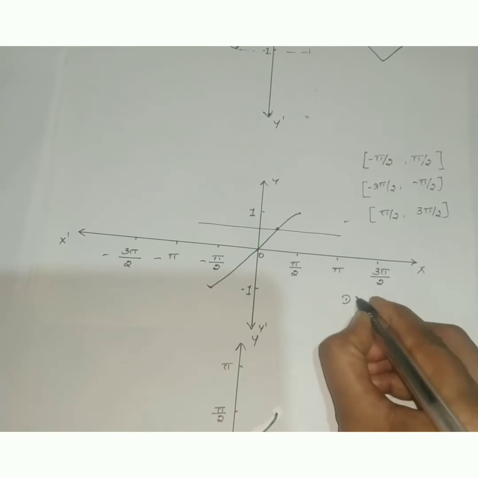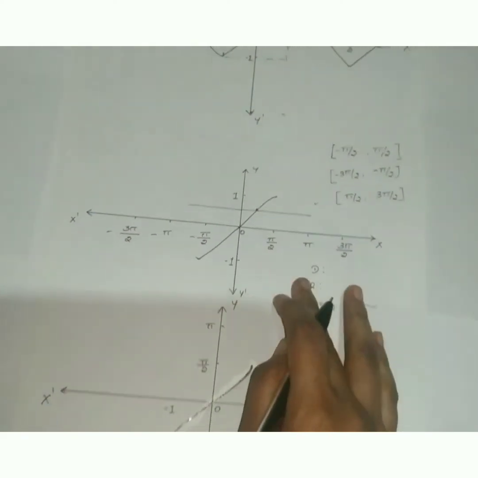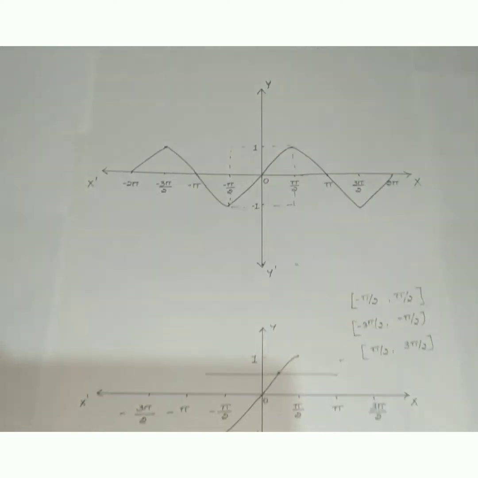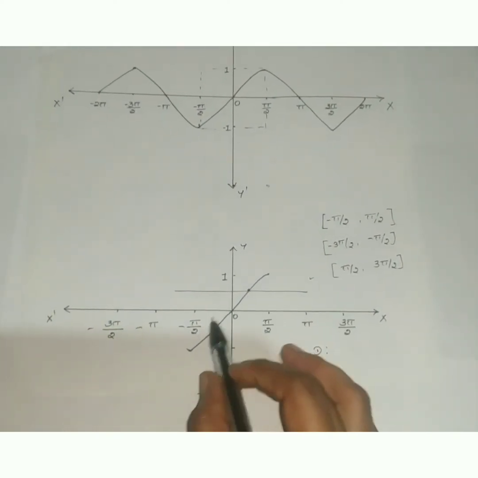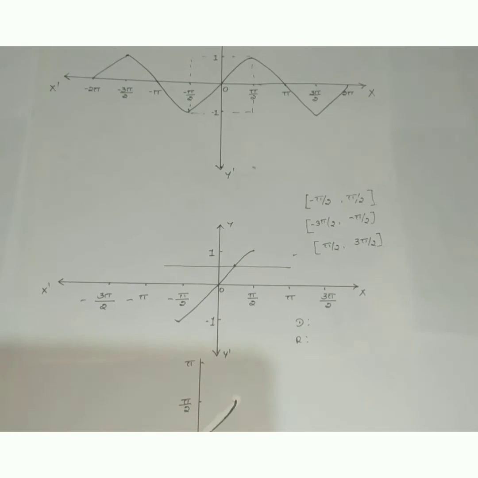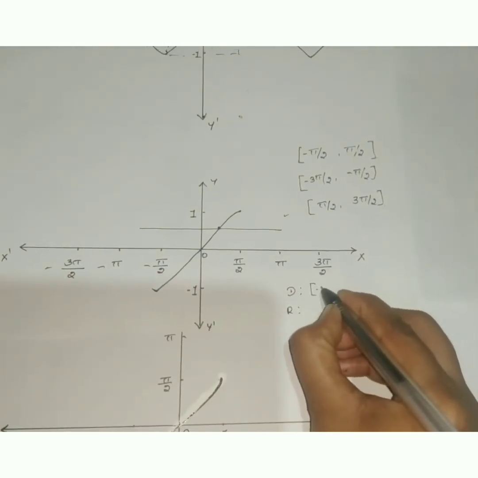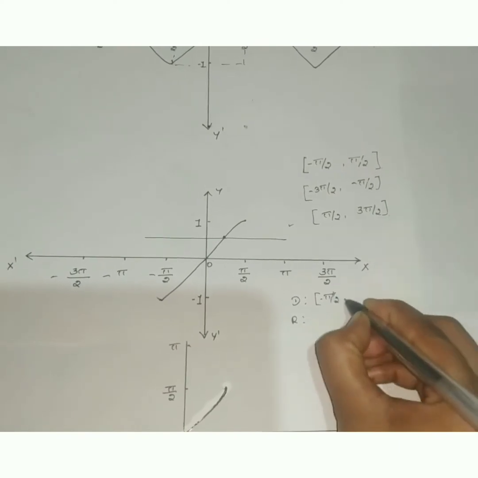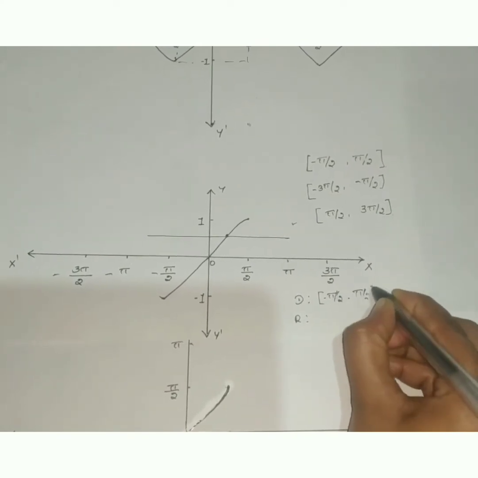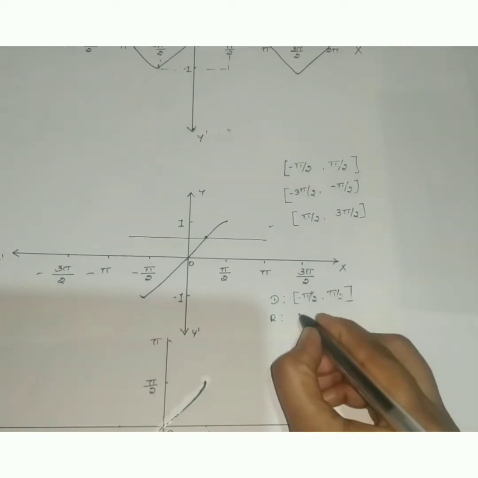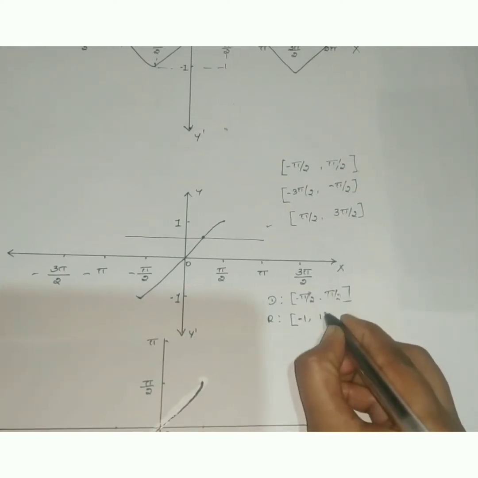So here domain value and range value: in sine function domain value is all real numbers, but when the function is bijective, domain value is a closed interval minus pi by 2 to pi by 2, range value is a closed interval minus 1 to 1.